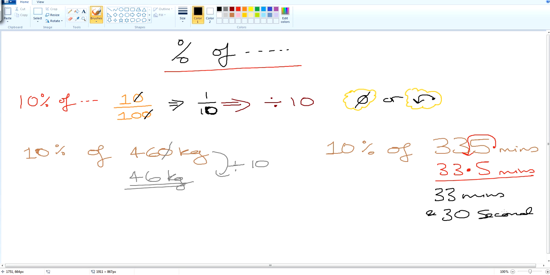Remember, it's a decimal 0.5, so it's 33.5. 0.5 means half of a minute, and half a minute means 30 seconds. It's not referring to 5 seconds. It's a decimal part of a minute. That was an absolutely good query. So there's our alternative answer: 33 minutes and 30 seconds.